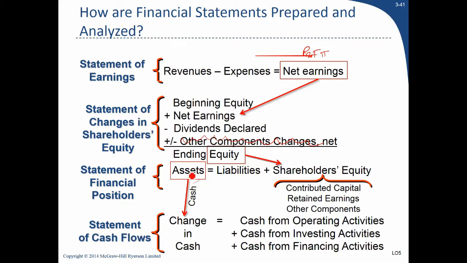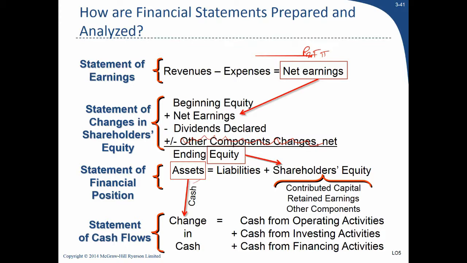And then you have your assets, one of which is cash, and that's the statement of cash flows. We talked about the statement of cash flows a little bit in the first lecture, but that shows how the cash is moving. Now, here's the interesting thing. Each of these transactions results in a direct impact in the statement of financial position and the statement of comprehensive income. The statement of cash flows, as we'll see in future lectures, is actually derived from the balance sheet and the income statement, the statement of financial position and the statement of earnings.